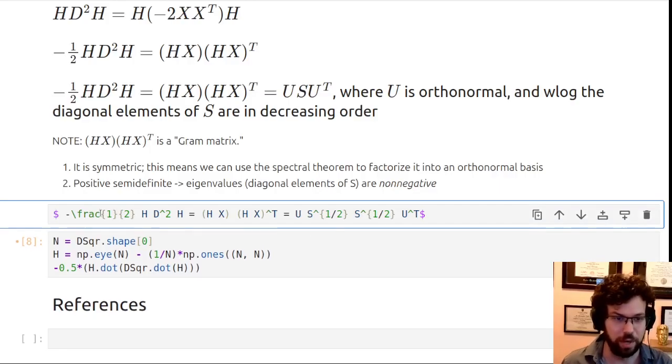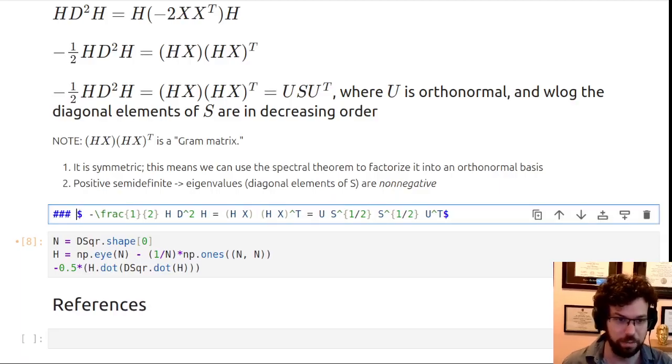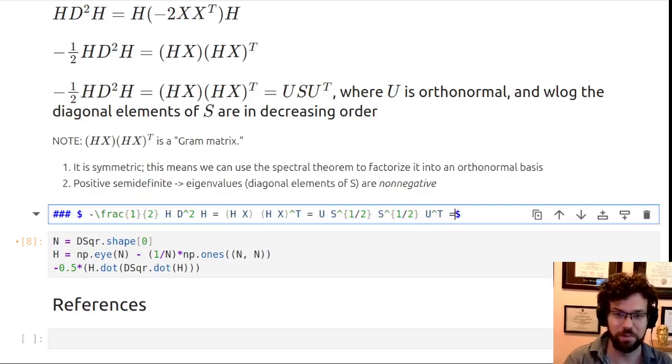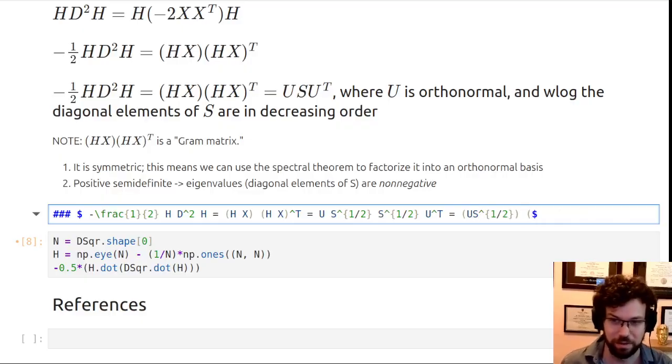But what's really useful about that is I can suddenly make it look a lot more like hx times hx transpose, because it's the same kind of trick. This is U S to the 1/2, and then I can take out these two terms here, use my little transpose rule, and say that's also U S to the 1/2, but transposed.